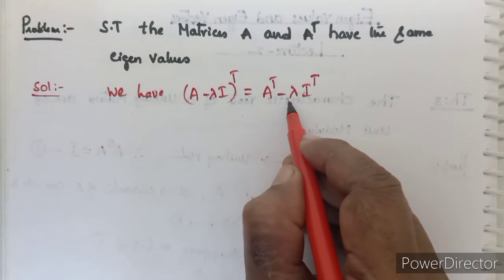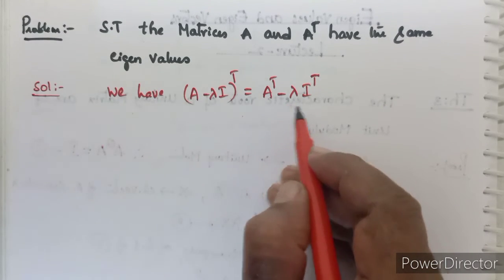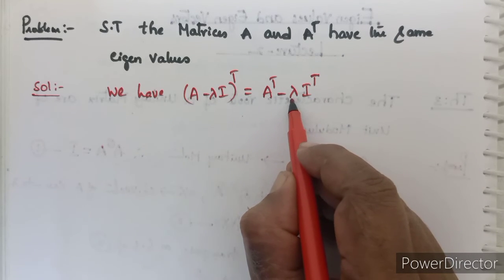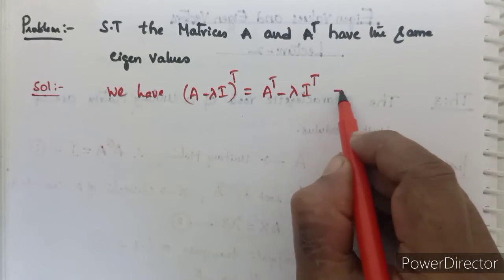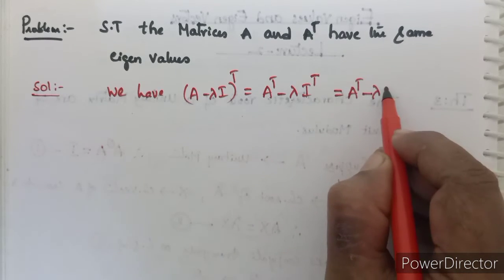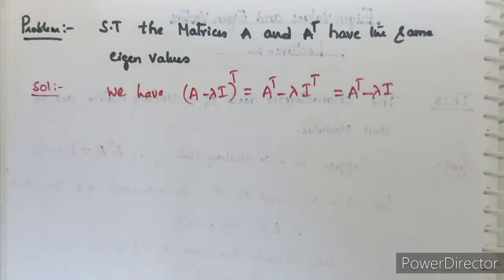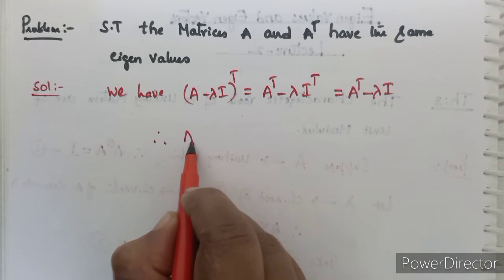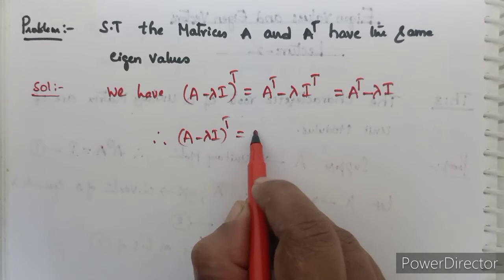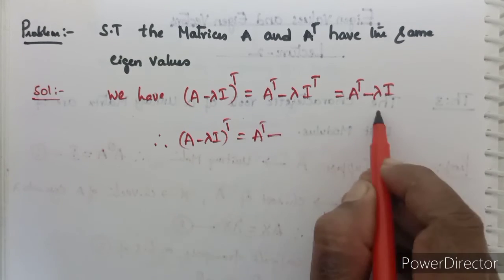Since lambda is a scalar, we need not find a transpose. We find a transpose only for the matrix. Now I transpose is I, because on interchanging the rows and columns in the identity matrix, again it gives identity matrix. Therefore, (A − λI) transpose is equal to A transpose − λI.